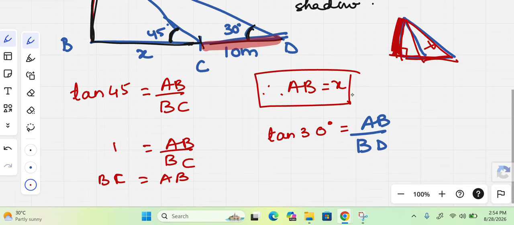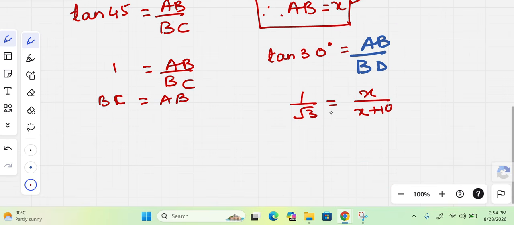So tan 30 equal to AB by BD. What is tan 30? 1 by root 3. AB is how much? x, and BD is x plus 10. So what can you say? Cross multiplication.